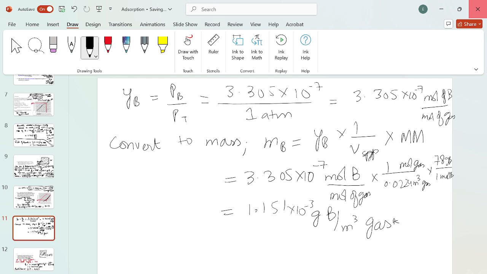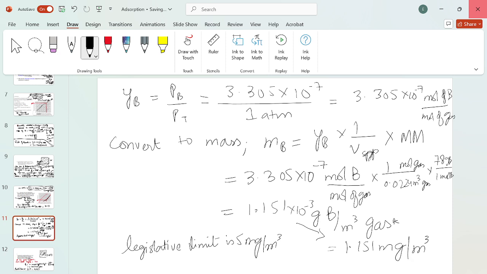So the legislative limit is 5 milligram per meter cube. So we have 1.151 milligram per meter cube, which is less than 5 milligram per meter cube. So the amount of carbon is sufficient because it is less than the legislative limit.